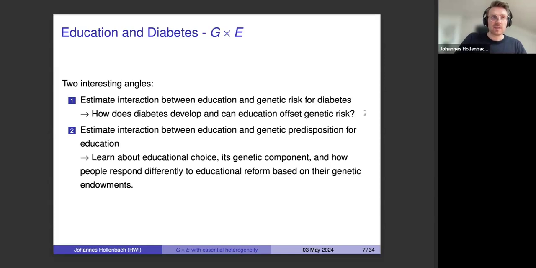And that tells us something about economic behavior, so choice behavior into education. But you're absolutely right that people who care about the effect of education on diabetes probably care more about the outcome than about how the educational choice works. That is true, and it's fair to say.